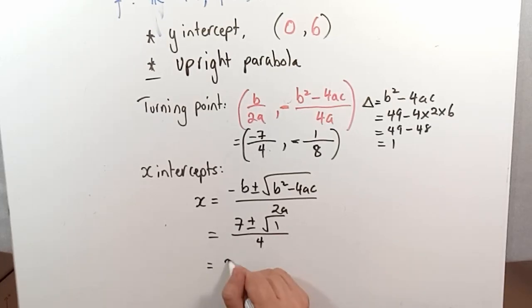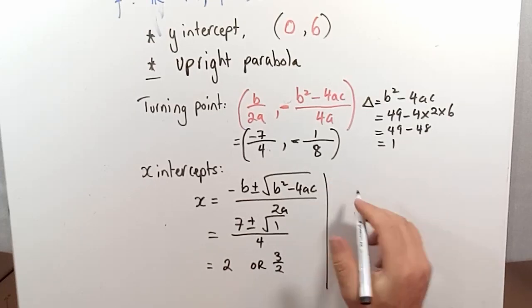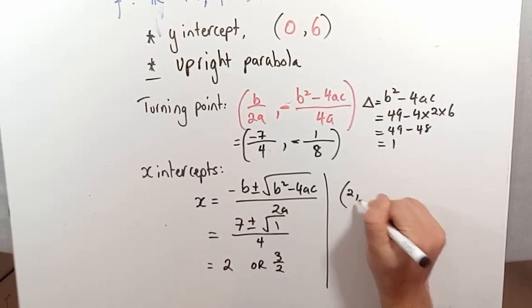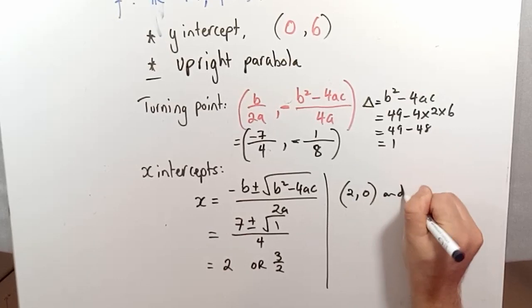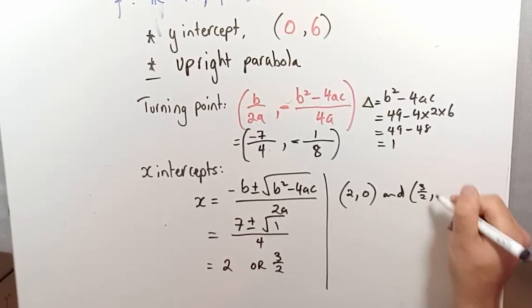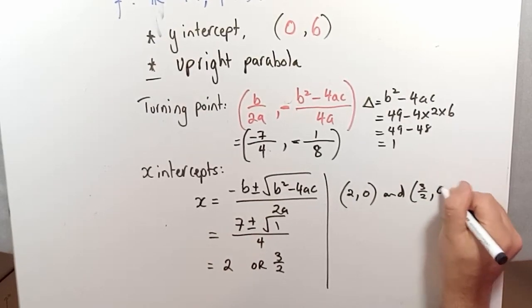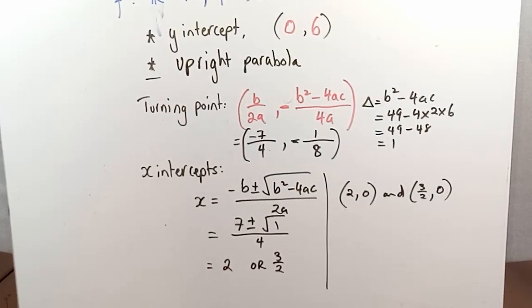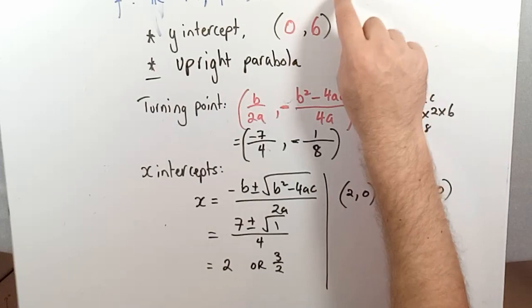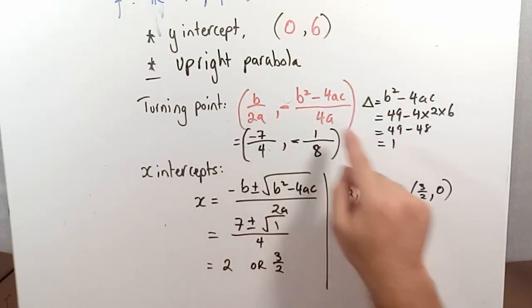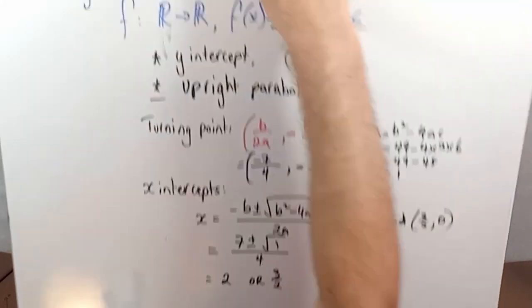Now 8 over 4 is 2, or 6 over 4 is the same as 3 over 2. So these are the x-intercepts. Of course, in a methods exam, we're always going to write them as coordinates. We're never going to leave them as just single figures. Okay, that's it. Perfect. So that was really easy to get all the information out of there as long as you know what these formulas are. Wonderful.